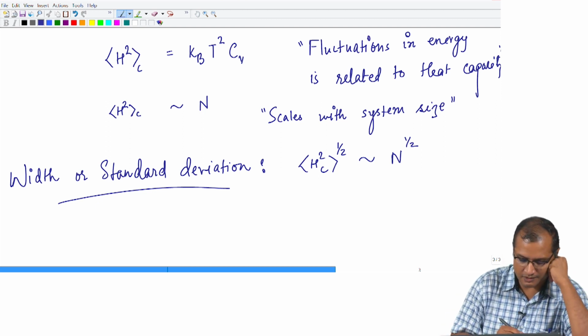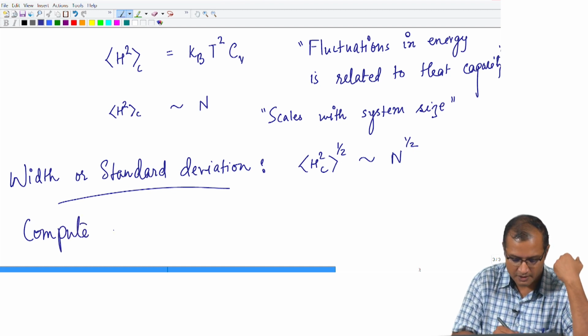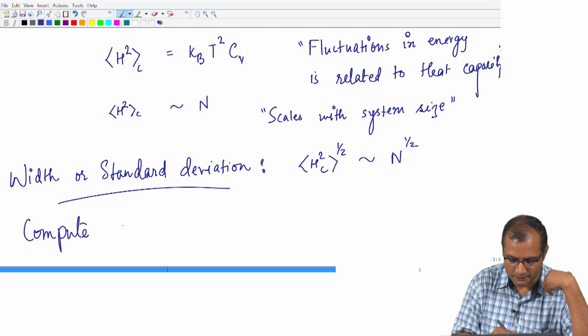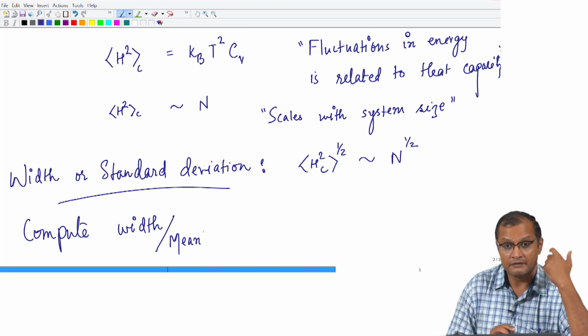And now you can compute, like I was saying, the ratio of width over mean of the energy distribution.